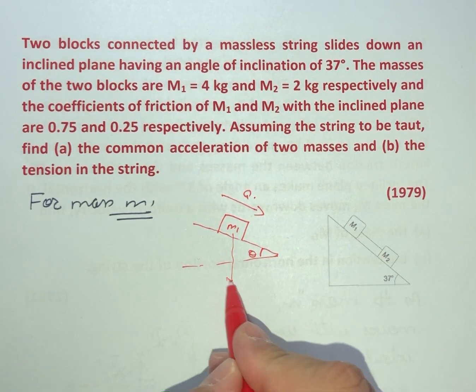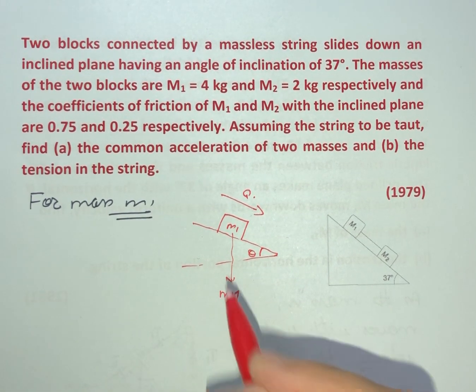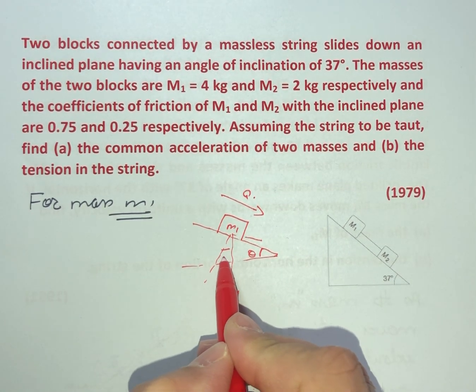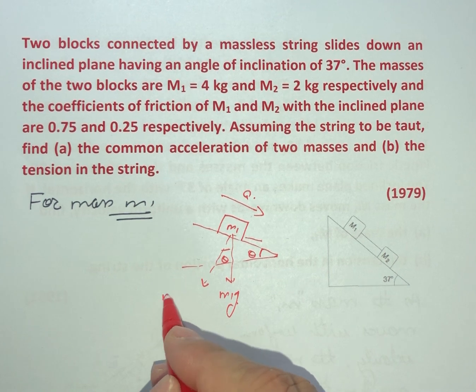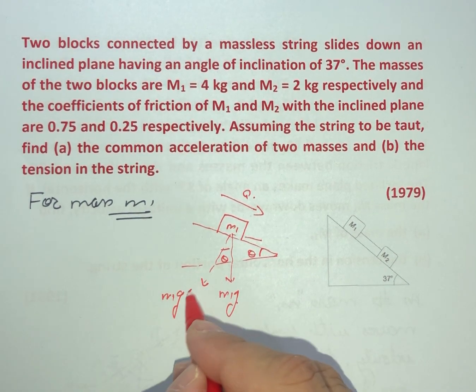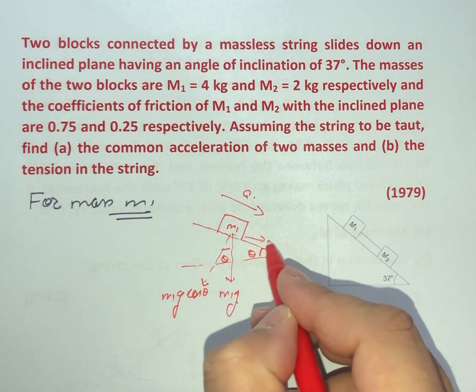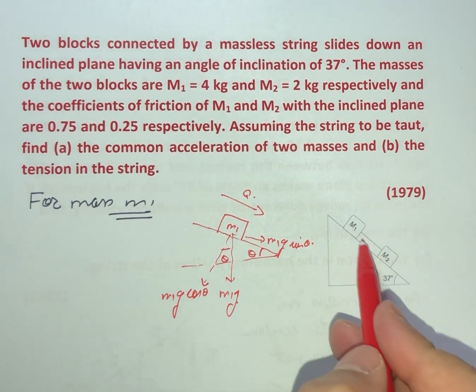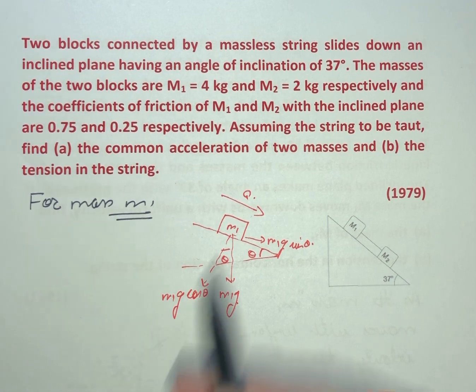So we are going to have m1g. It can be divided into two components. This will be our theta, so this will be m1g cos theta, and this will be m1g sin theta, and also there will be a tension T.